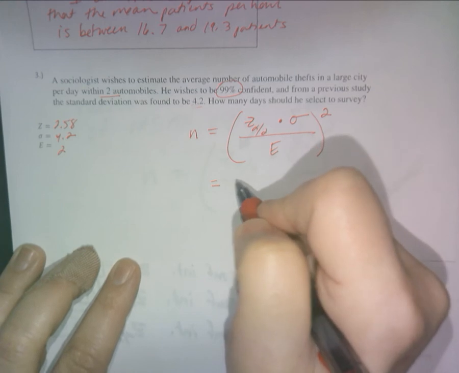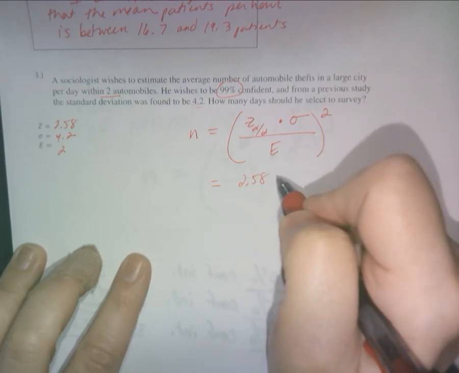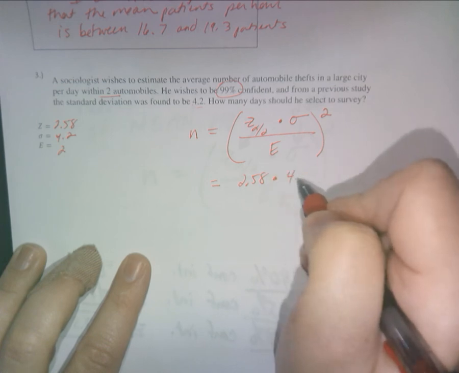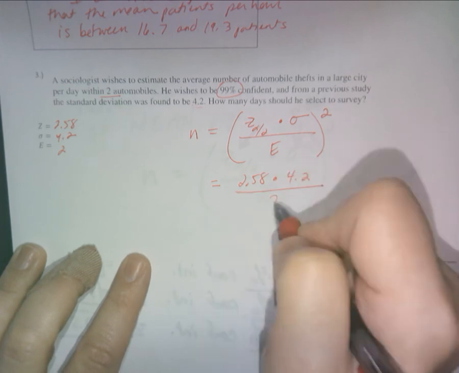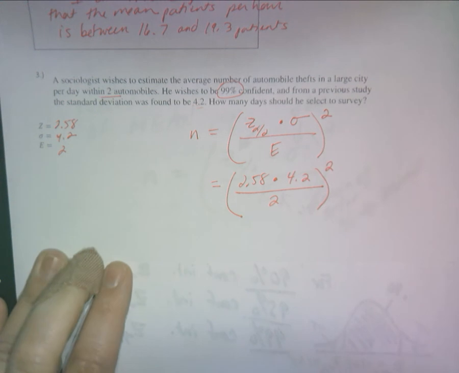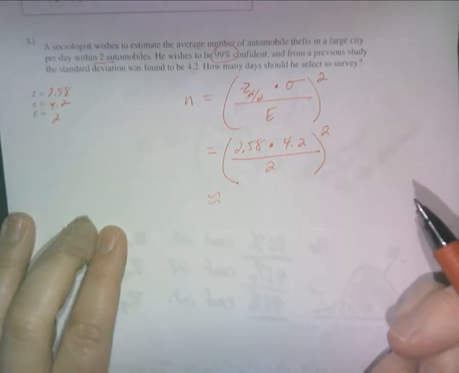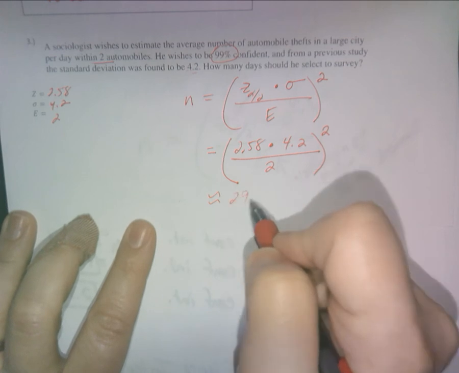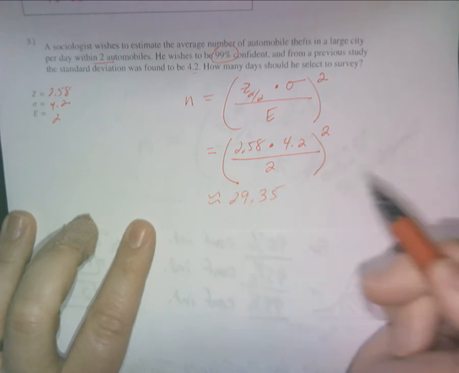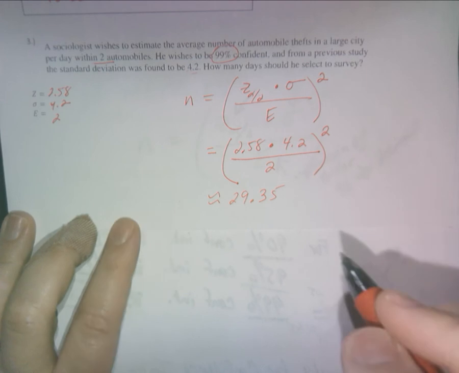Okay, so you are going to do 2.58. Be very careful on your math. Times 4.2. Take that number, divide it by 2, and then square it. And tell me what you get, roughly. 29.35? Okay. Here's the only new thing, and this is the newest thing you have to do.